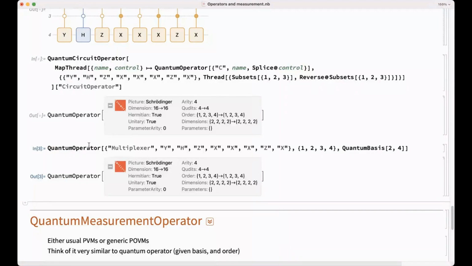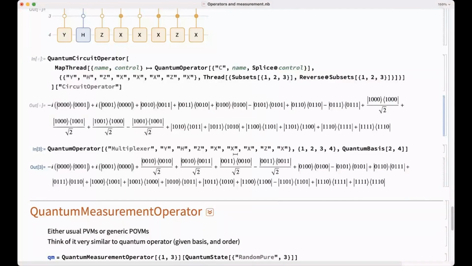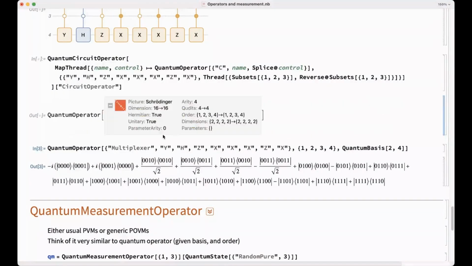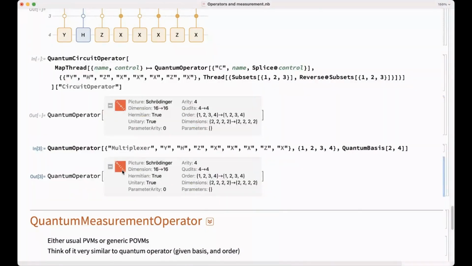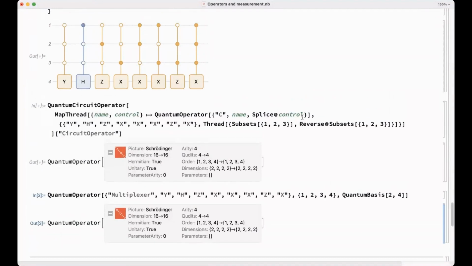So let's look at just the matrix, and we can compare the matrices. I can see by the picture it's kind of in reverse for some reason. Let me just look at our documentation.